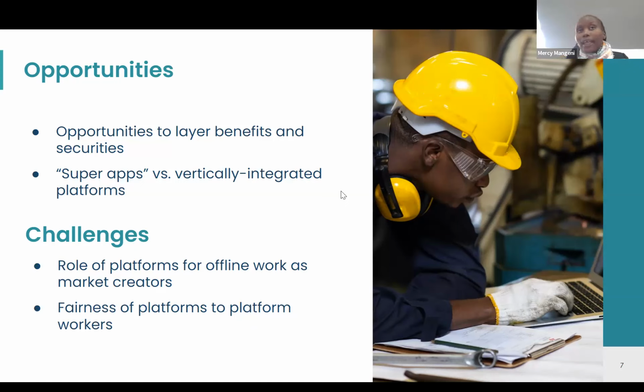So that's another example of opportunity we could point out. But what we are increasingly seeing is vertically integrated platforms also increasing within this space, where platforms choose to go deep to address the users' needs. They go deep within that value chain so that they're able to create opportunities for stickiness and also increase monetization within that value chain. So those are some of the opportunities we see within this sector.